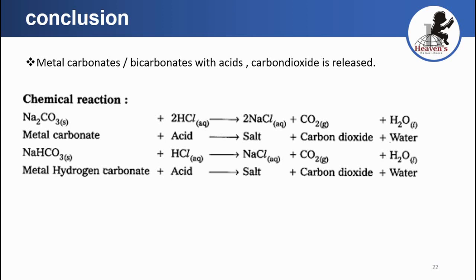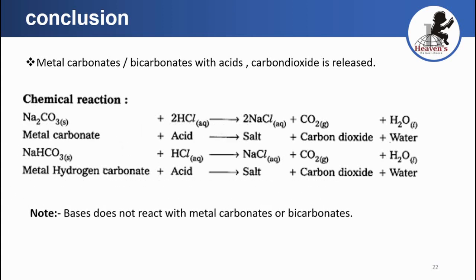And sodium bicarbonate NaHCO3 plus HCl gives rise to NaCl plus CO2 plus H2O. Which gas is released when metal carbonates or bicarbonates react with acids? Very good. Carbon dioxide is released.